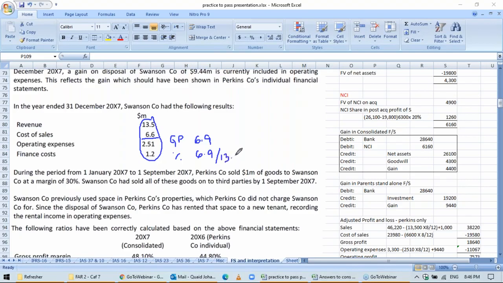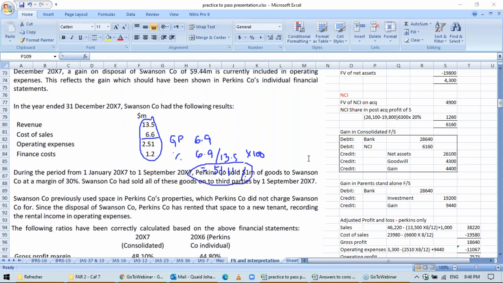So this Swanson company's gross profit margin is more than 50%. Agreed or not? The gross profit margin is around 51.1%. You can check, 6.9 divided by 13.5, so it is 51.11%.